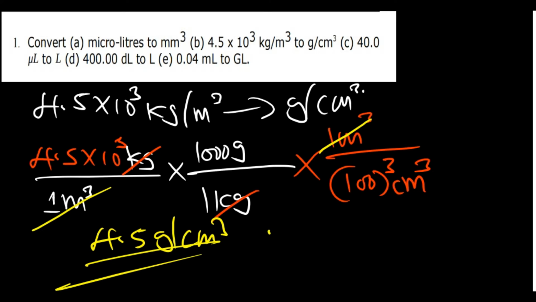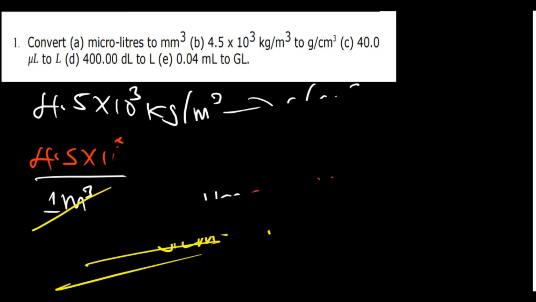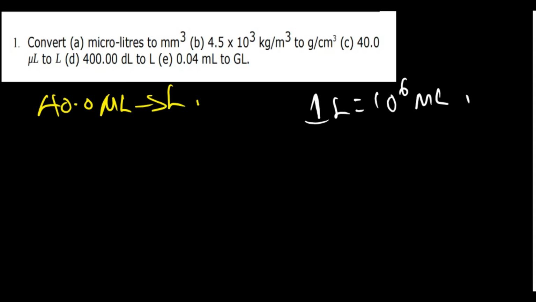Okay, so let's go to part C. They want us to convert 40.0 microliter all the way to liter. What we have to understand is that in 1 liter there is 10 to the power 6 microliter. For us to convert this, we can use dimension analysis. We can say 40.0 microliter times, in 1 liter, how many microliter do we have?